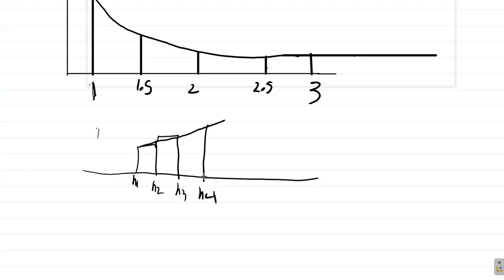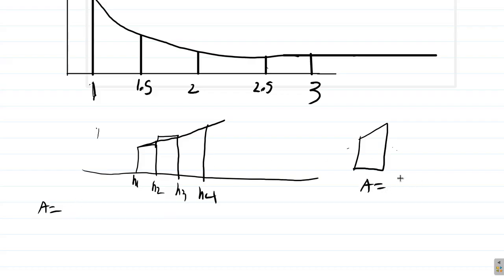If you have 4 ordinates here, just quickly deriving it. Each of them has the same width.